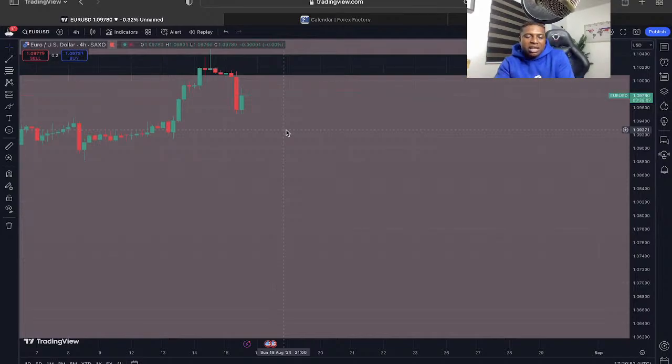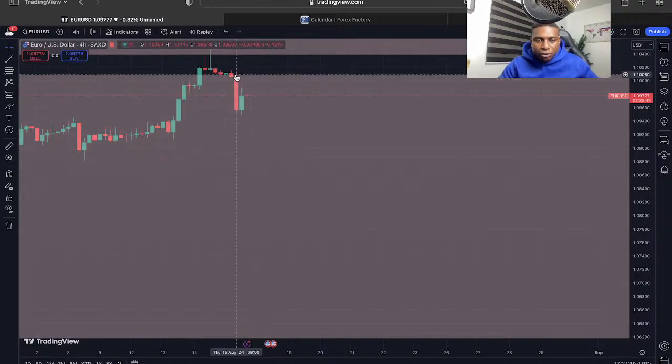That shows that the US economy is good and strong. That passes a sentiment into the market, which created a positive move for the USD, and that's why you see that the USD actually pulled back from this level.